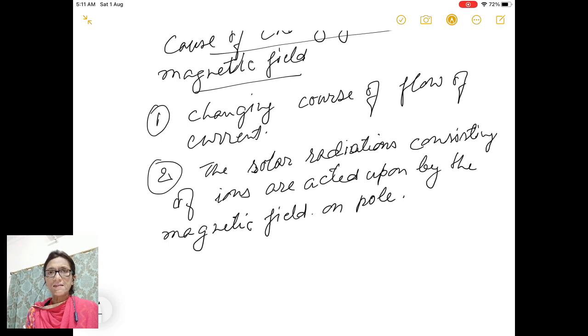And in return they also affect the magnetic field pattern of the pole.